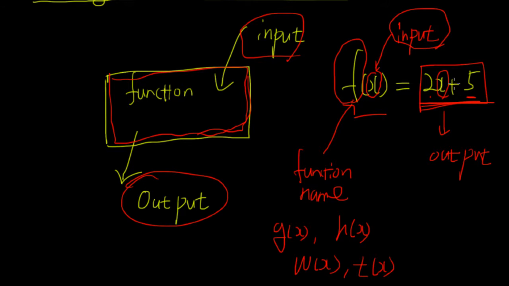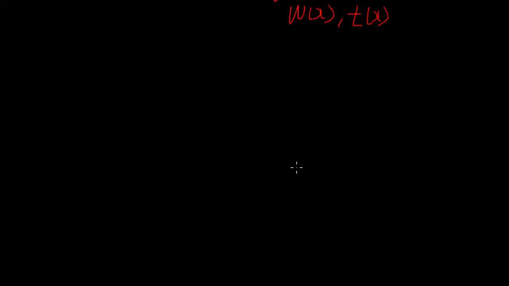So let's say, for example, let f of x, the function that we are dealing with, be 2x squared minus 3x.